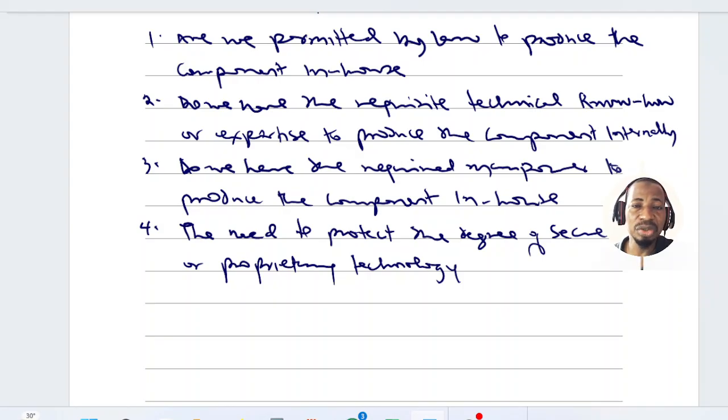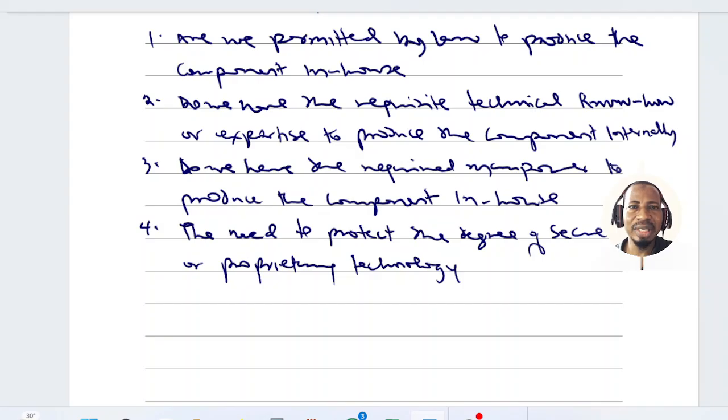Every product is unique. There is a mix of chemicals that make up the products being produced. Therefore, as a company, you have the responsibility to protect the degree of secrecy underlying your product. That proprietary information embedded in your products, you need to protect it, because if you decided to contract it to an outside supplier, that means you want to give out that proprietary information.